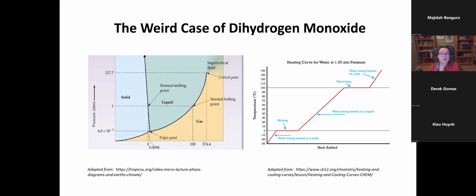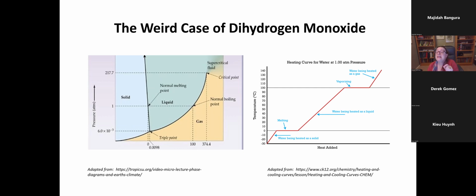The other strange thing that water does is over here on the heating curve, it has another unusual property, which again makes it ideal for us here on Earth. It's just an amazing material that makes everything that we know of in biology possible. So what's different about water is it has a very large, unusually large for its size, remember, it's a very small molecule.